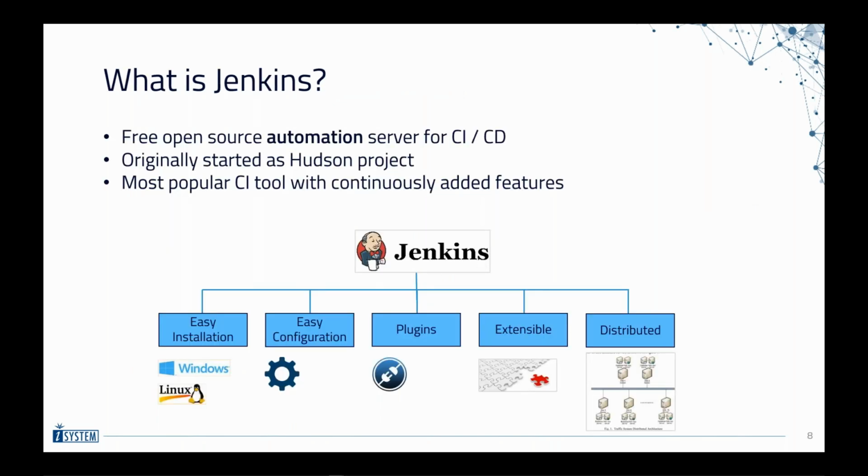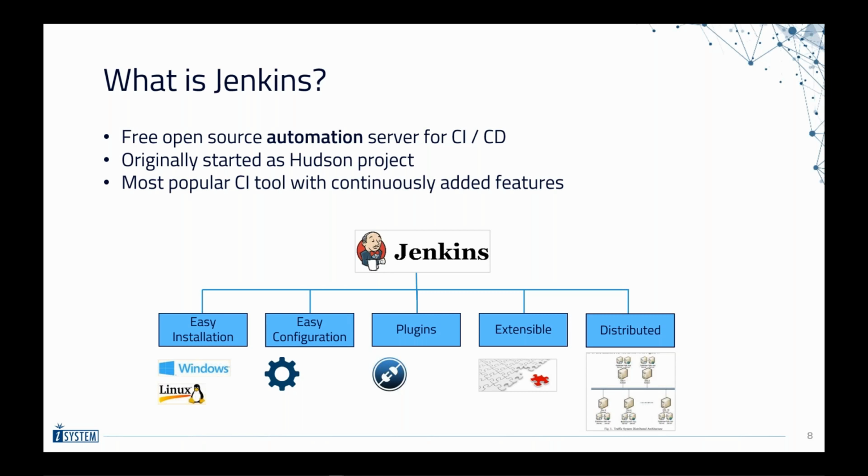Jenkins is one of the most popular automation servers for continuous integration. It is a free open source software program based on Java. It can run on most popular operating systems such as Windows, Unix-like operating systems, including Linux and Mac OS.